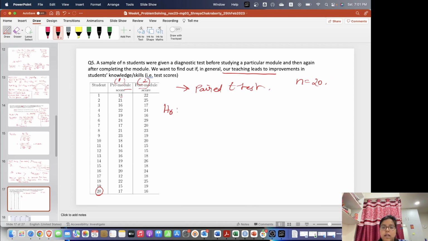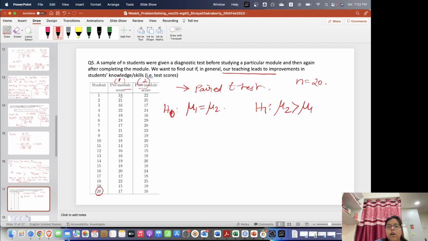The null hypothesis is mu1 equal to mu2. But the alternate is, in general our teaching leads to improvements. We want to see if there is any improvement or not. So the alternate hypothesis is mu2 greater than mu1. If this is true, then we can say that the module is improving the scores. Correct.